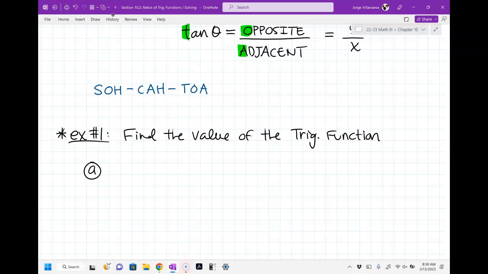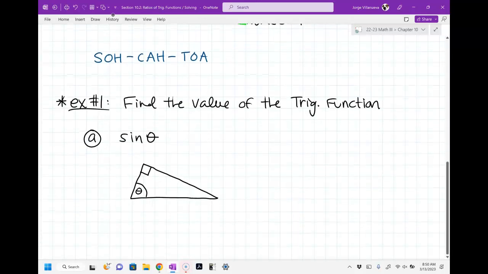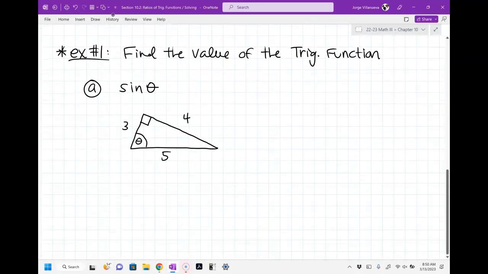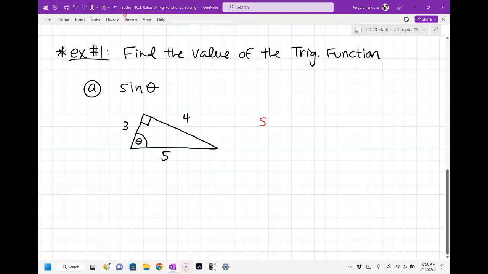So here we go. We're going to find sine of theta first. I'll draw a triangle that looks like this, and we'll put 4, 3, and 5, like that.